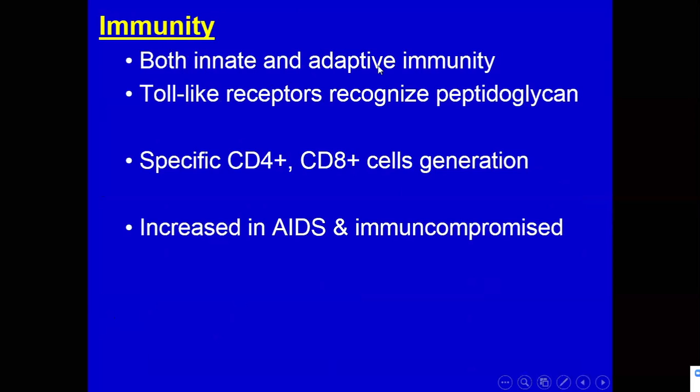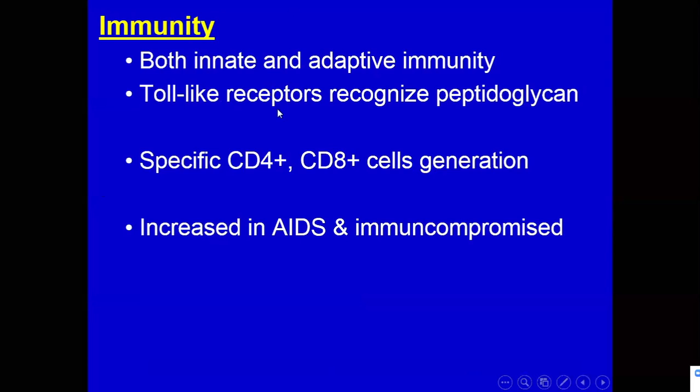Immunity, both innate and adaptive immunity, that is to say non-specific and specific immunity, are important. The toll-like receptor recognizes the peptidoglycan of this microorganism, and the body can mount CD4 positive and CD8 positive cell immune responses against it.